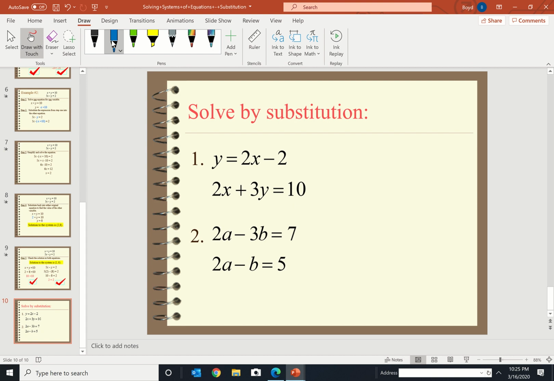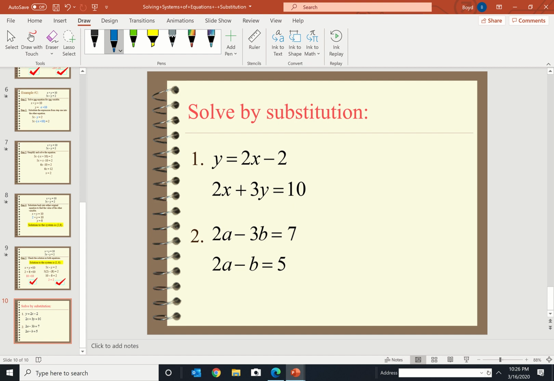All right. So first, when we're using the substitution method, if you don't have one of the equations in this form where you have y equals something or x equals something, you need to rearrange the equation or solve it so that you get y equals something or x equals something.